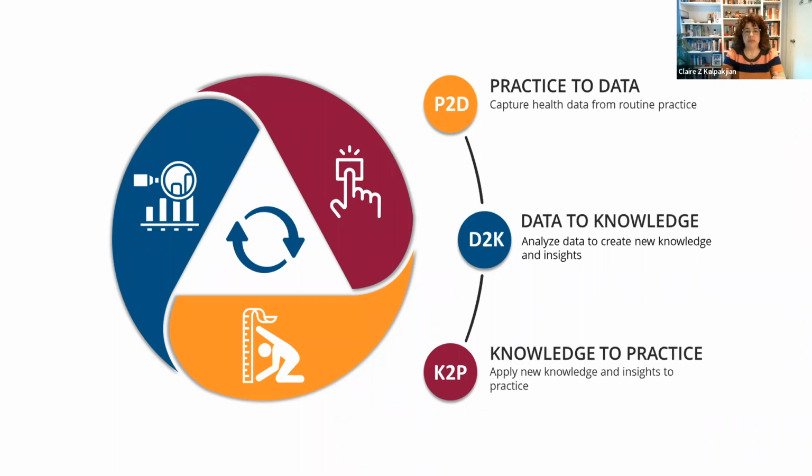And that really is capturing what's done in routine practice every day and turning it into data. And that moves into knowledge, and these are creating insights, and this can be done in various ways. And then taking that knowledge and informing practice, whether it's changing it, developing new interventions, or what have you, and begin the cycle all over again.